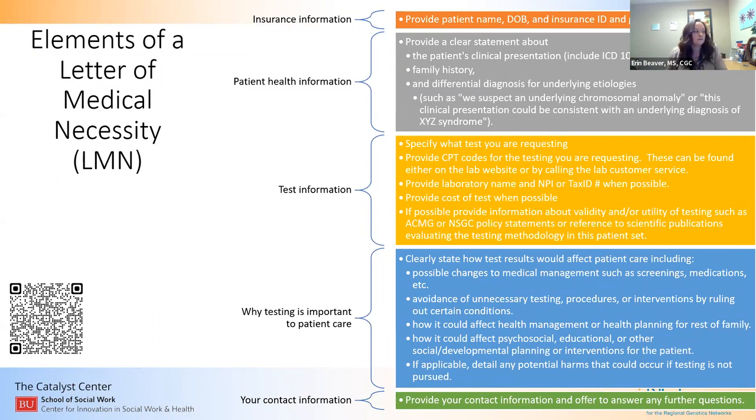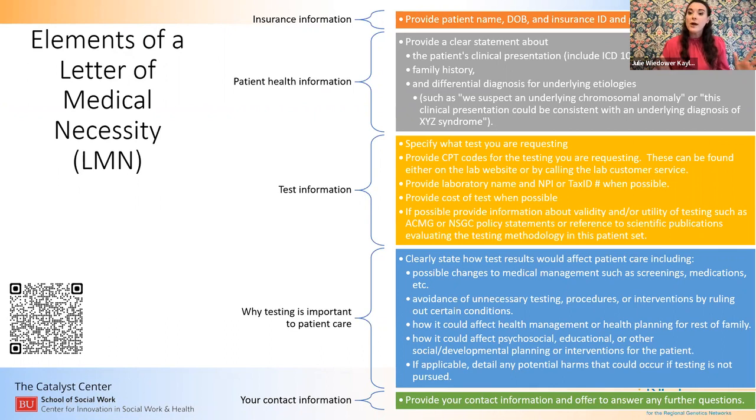And Erin, if I may just add a plug as someone who used to review prior authorization requests, the best letter of medical necessity is really specific to that payer policy, because that's what reviewers are using to determine whether or not it's going to meet criteria. So if you can show how those criteria are met, you can really get by with a lot less time spent on writing.